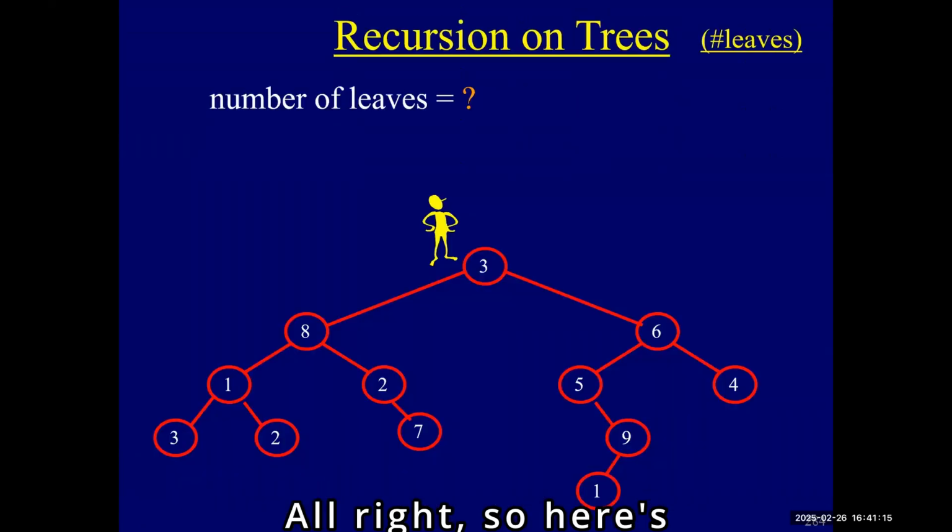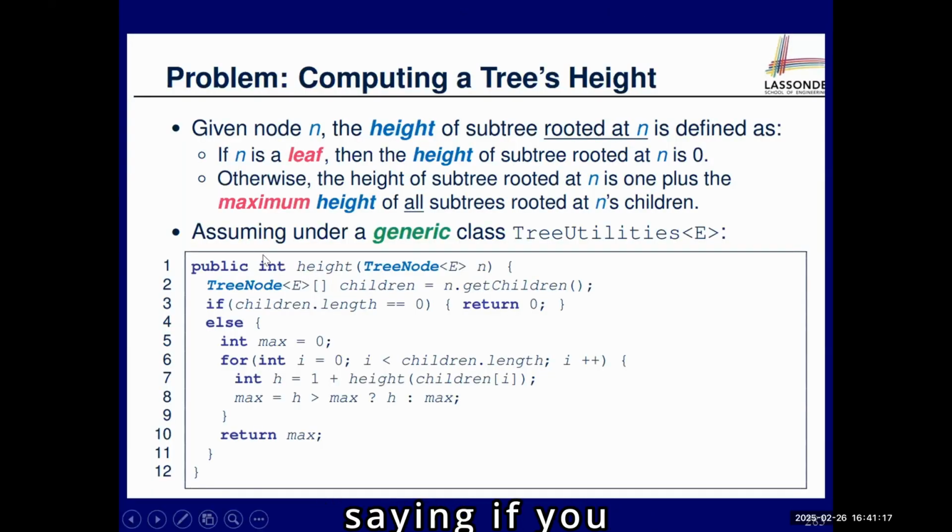All right, so here's the code again. He's saying if you have no children, the answer is 0, right? Otherwise, we want to find the max of the bunch of things. Again, he knows that the heights will never be negative, right? So where somebody said 0 is your base case, he started at the max of 0 instead of minus infinity, because he knows he's never going to get negative numbers.